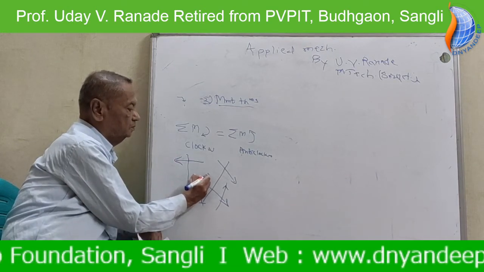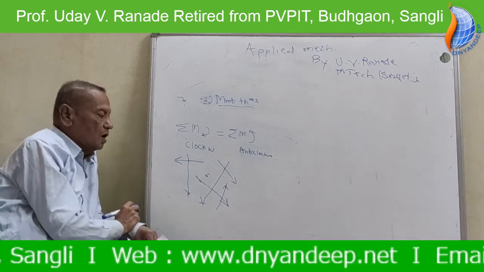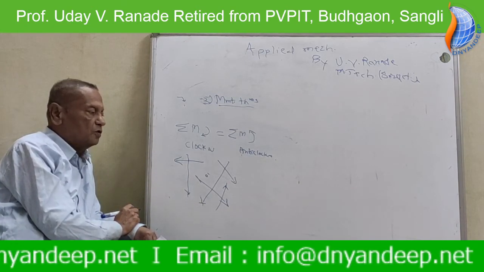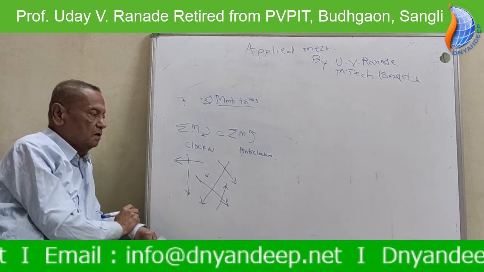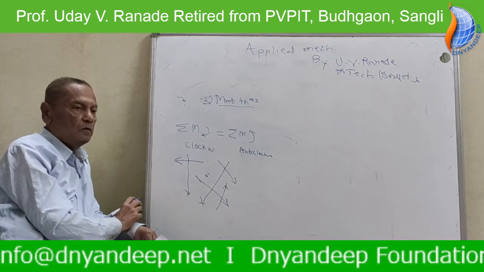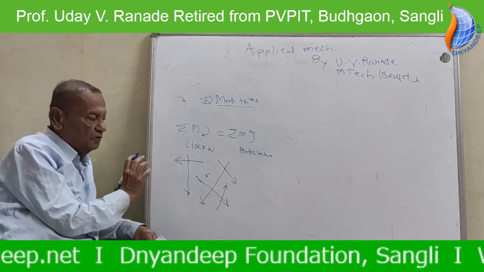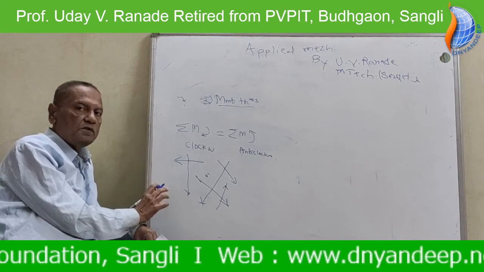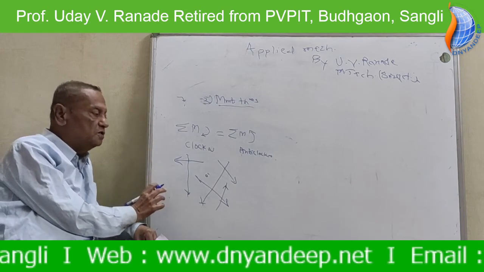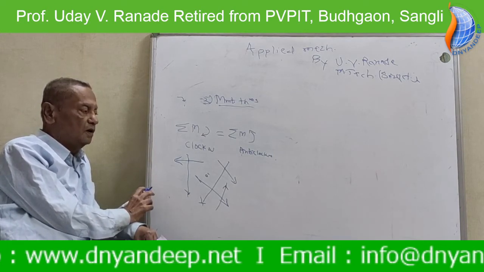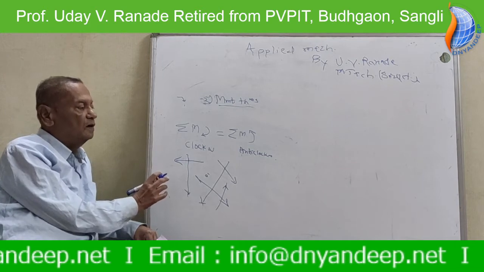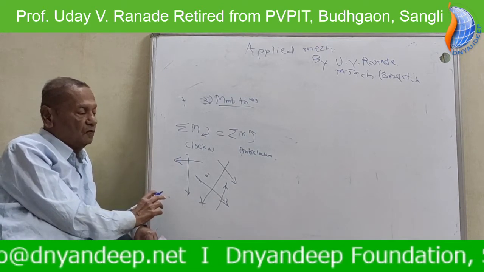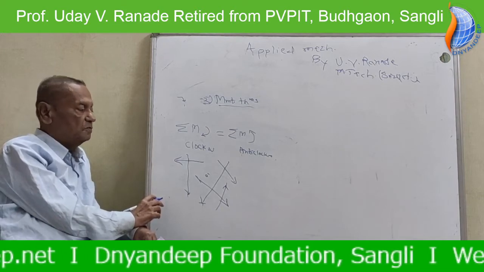Now I am not telling you what the force is, what the distance from the point is, etc. What is more important in this case is which force is causing clockwise movement and which force is causing anti-clockwise. After that you can calculate and write the equation. But first see which force is causing clockwise movement.